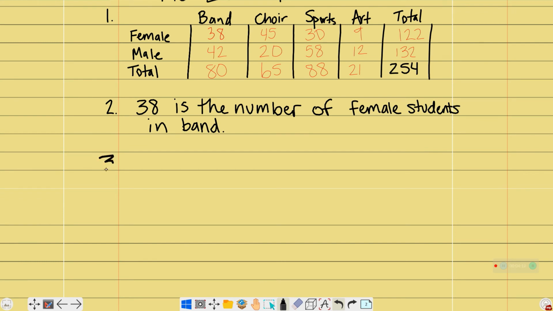Number 3. Use the table provided above to calculate the following relative frequencies. What proportion of students are male and enrolled in choir? So we're looking at what fraction of the students, and there's 254 students, are males in choir.